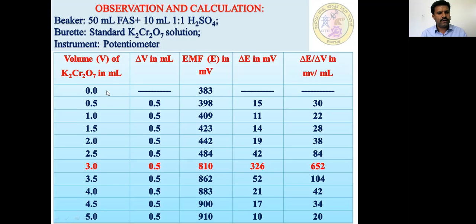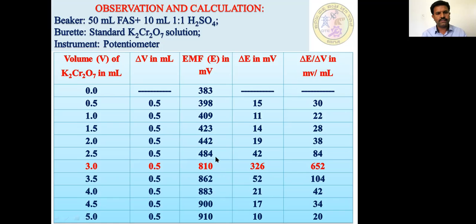Next, I assumed I added 0.5 ml solution to the beaker. Then the observed EMF 398, and for 1 ml 409 millivolts, and after addition of 1.5 ml potassium dichromate, observed EMF 423, for 2 ml addition 442, for 2.5 ml 484. It's a gradual increase up to here. And for 3 ml potassium dichromate solution, we observed 810 millivolts.